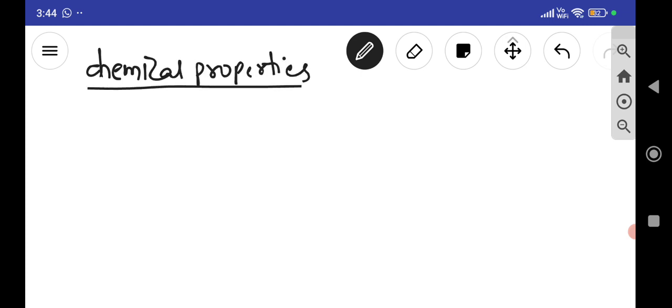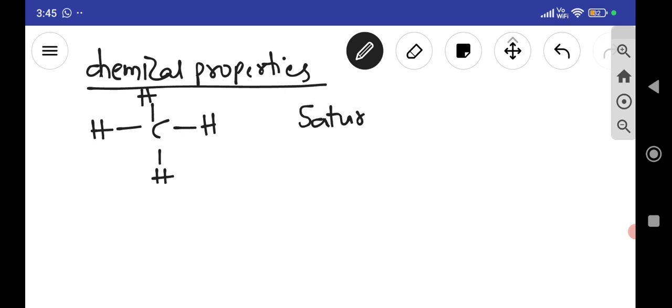Next, what are the important chemical properties of alkanes? We know very well that alkanes are saturated compounds. What do you mean by saturated compounds? It means the tetravalency is satisfied by 4 atoms. Those compounds are called saturated compounds.